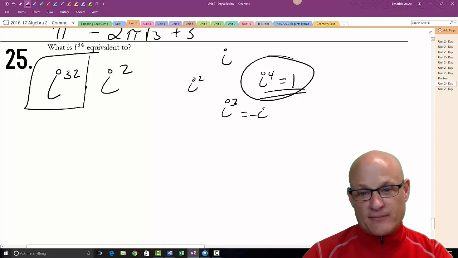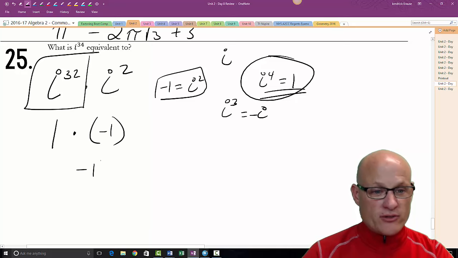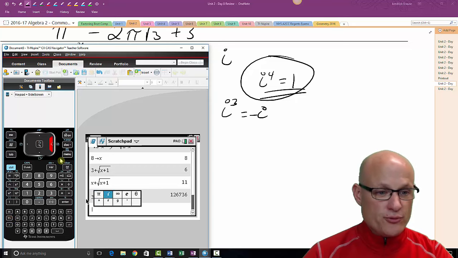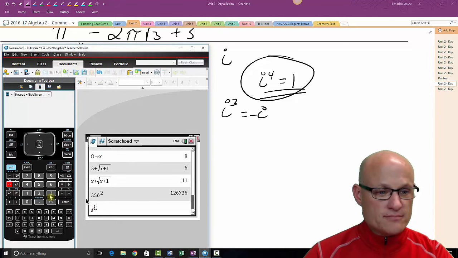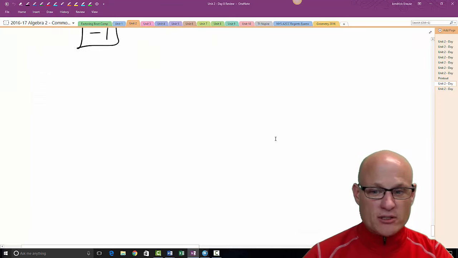Remember, this is negative i, and this is negative 1. So this is really just 1 times negative 1, which is really just negative 1. Now, of course, I could type it in my calculator, i to the 34th, negative 1. But you have to show a little bit of work.